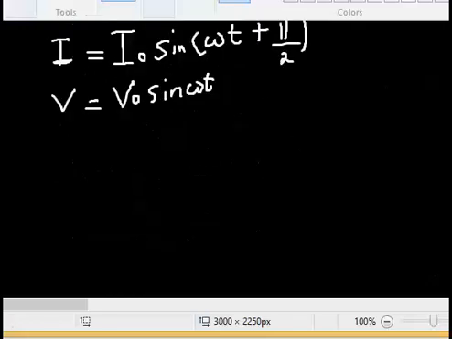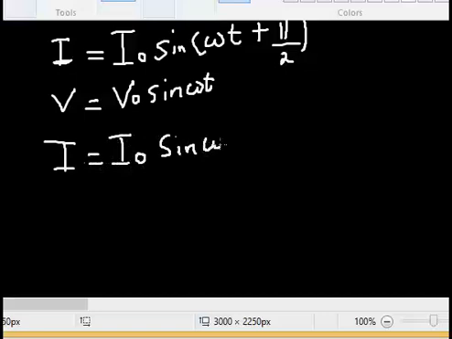But in a situation, just in case you see it in an exam, where for current I didn't put the phase, let's say I wrote it this way: I0 sine omega t. Remember, the voltage is lagging. So if I didn't put the phase angle for the current, then for the voltage I have to subtract.